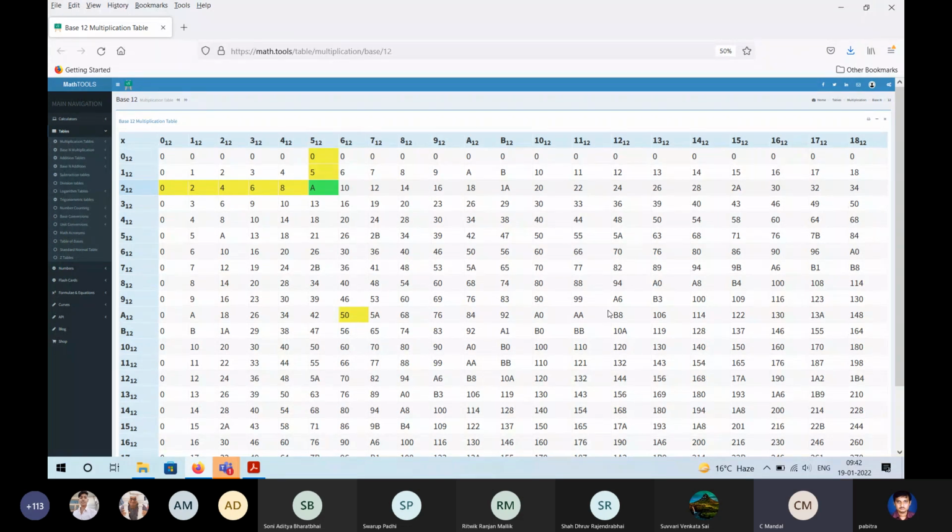I mean, we'll include them in the slide. This conversion is fine. Only thing is that you have to do the arithmetic in that higher base. So you'll need such a table, which can also be constructed. I've just used it from the internet. Yeah, this can be easily constructed.